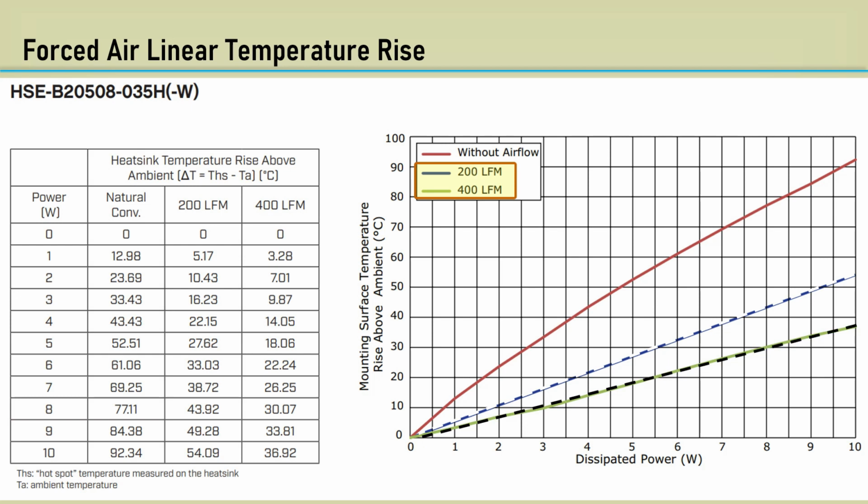For the case of the 200 linear feet per minute and 10 watts, the table shows a temp rise of 54.09 degrees C. That matches the graph here. To get the temp rise per watt, we can divide by 10 and use 5.409. Notice the table value for 1 watt is slightly less than the 10 watt value divided by 10. That makes for a small amount of built-in conservatism.